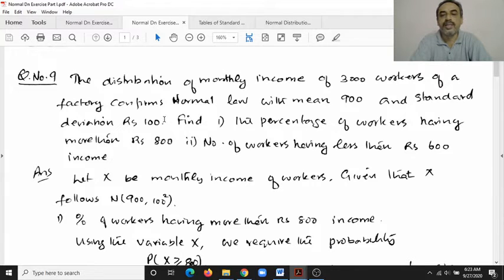That is the meaning of these 3000 workers' monthly income following normal distribution.